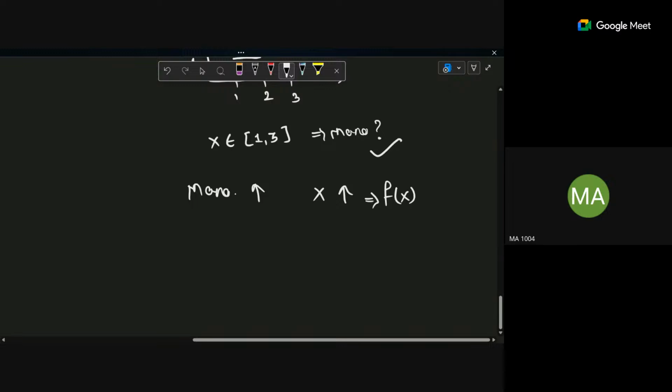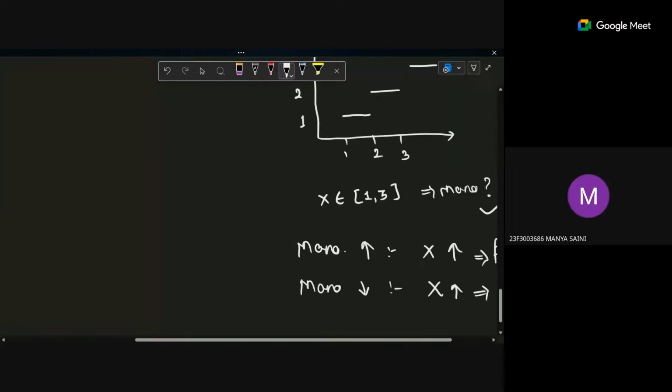If x increases, f(x) increases, it implies it's a monotonically increasing function. Okay, this is the definition. But what about a monotonically decreasing function? If x increases, y decreases. Yeah, whenever f(x) decreases, it says that the function is monotonically decreasing. Okay.